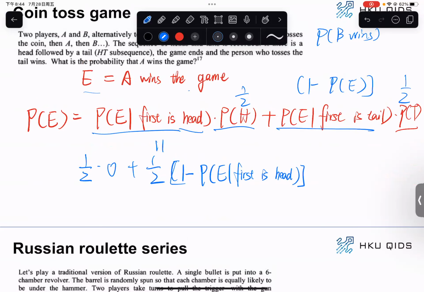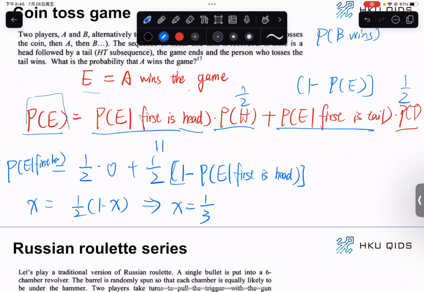So probability E given first head, call it X, is going to be 1/2 times (1 minus X). So we can have X equal to 1/3. Then for the original probability, if we define this as Y, then Y is going to be what?